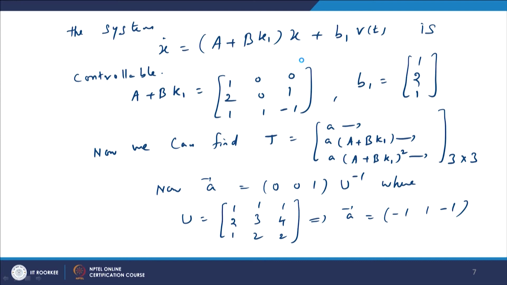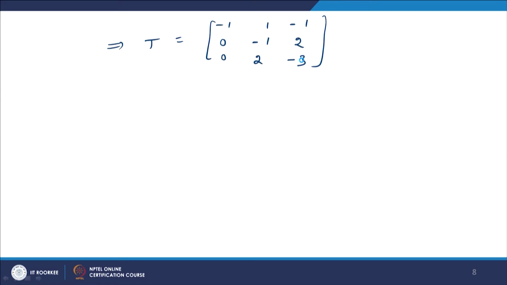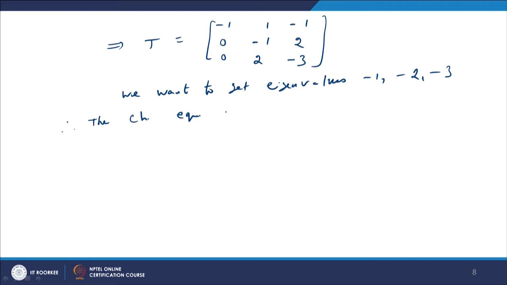So, for finding K2 we adopt the following procedure. We want to get eigenvalues -1, -2, -3 for the converted system. So, that implies the characteristic equation is (lambda plus 1)(lambda plus 2)(lambda plus 3) equal to 0.